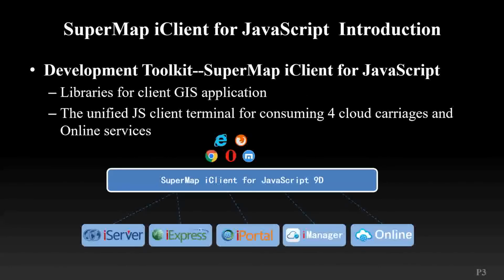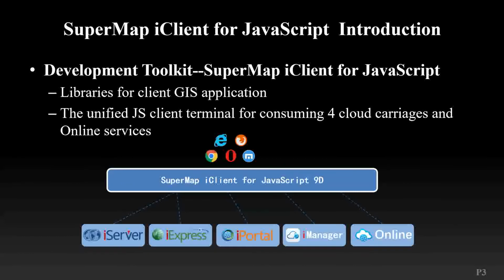Okay, and first, the SuperMap iClient for JavaScript is a development toolkit, and it provides a lot of libraries for client GIS applications and the unified JS client terminal for consuming full cloud services and online services.